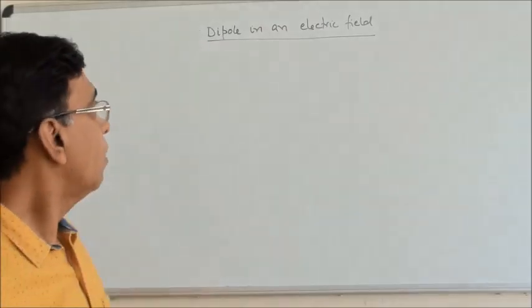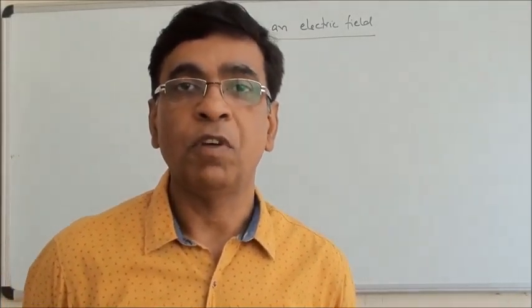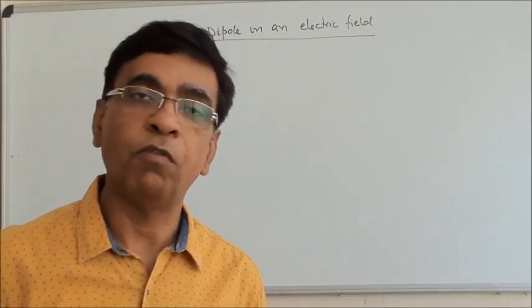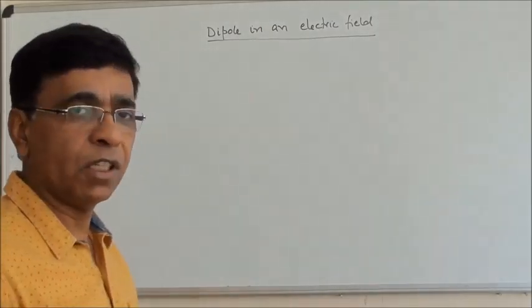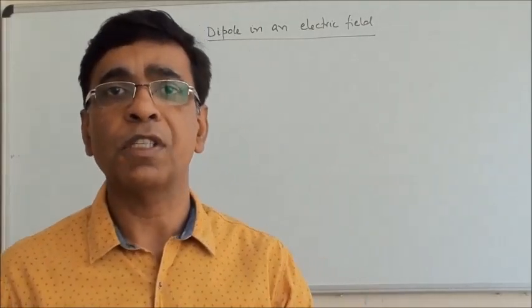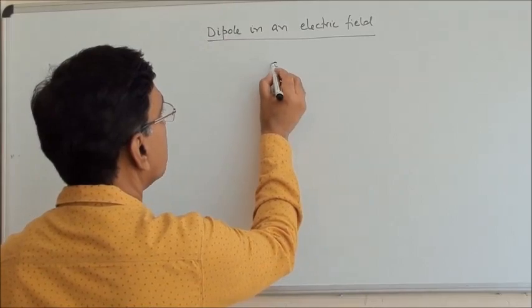In this topic, we will study how an electric dipole behaves when it is placed in an external electric field, uniform as well as non-uniform. We have already seen what a dipole is. A dipole means an arrangement of positive and negative charges separated by a very small distance.